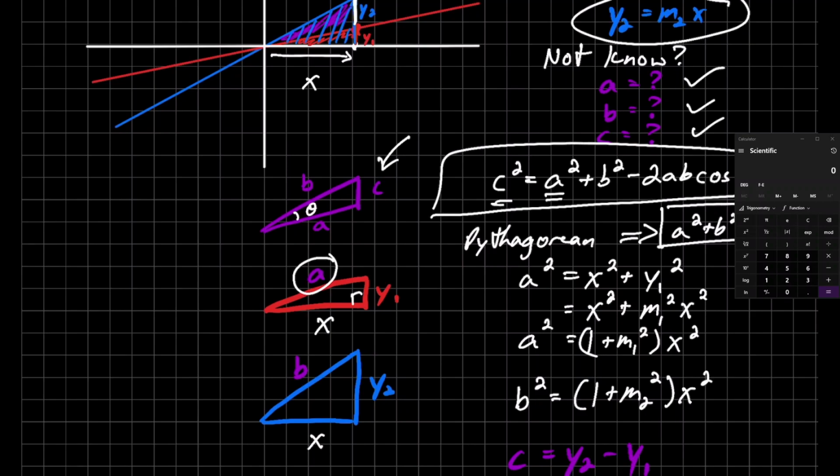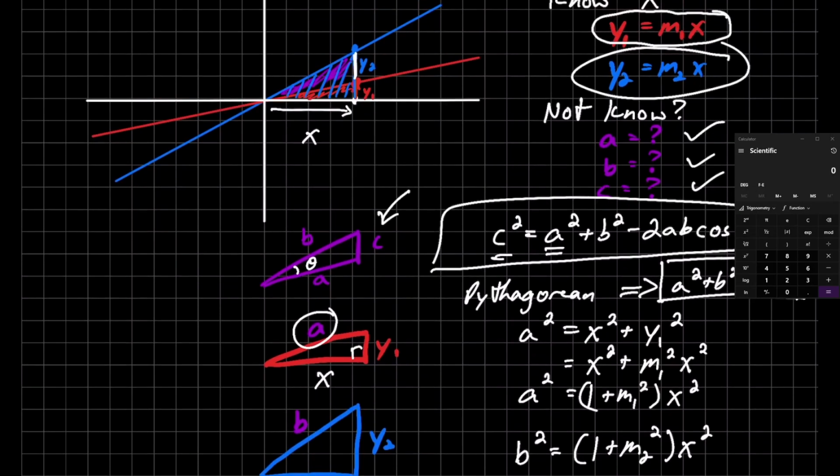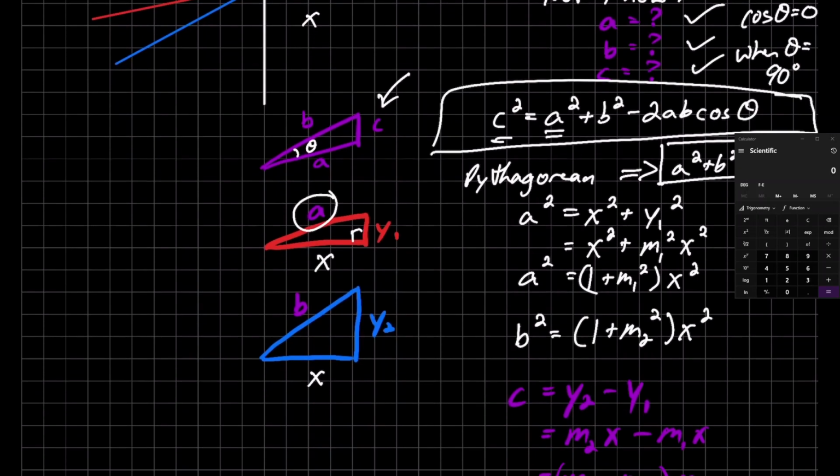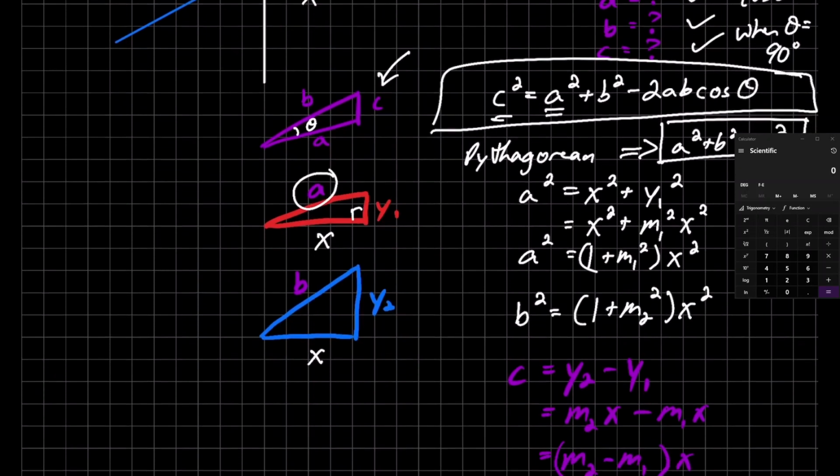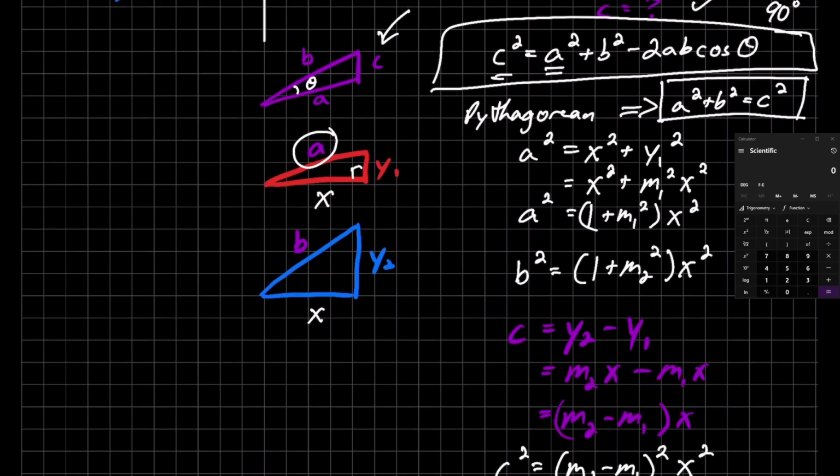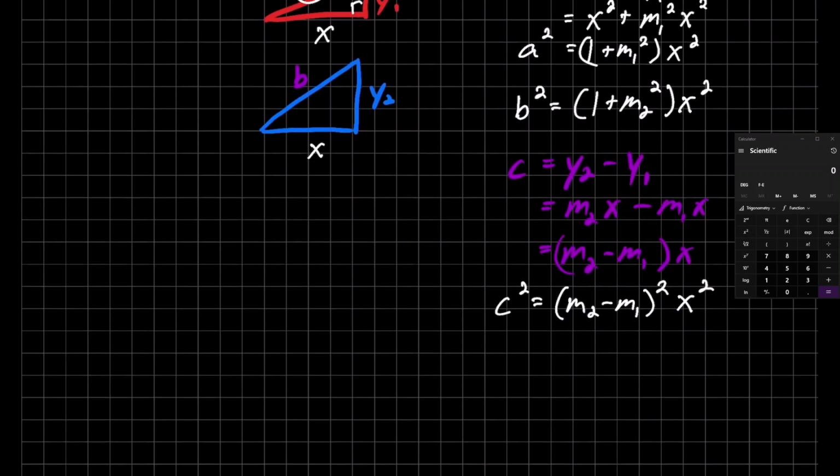And the last thing that we know is that cosine theta is equal to 0 when theta is equal to 90 degrees. So let's set up our equation right here for a squared, b squared, and c squared using when cosine theta is equal to 0.